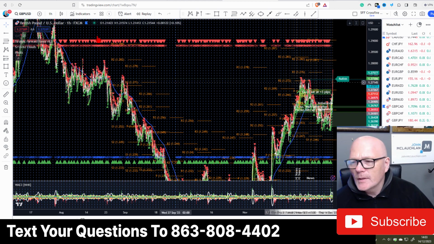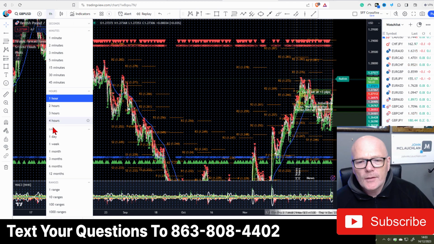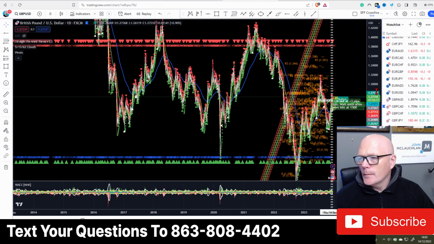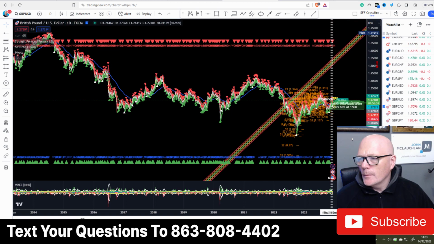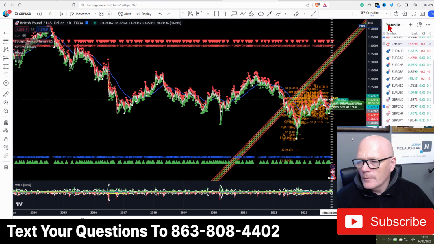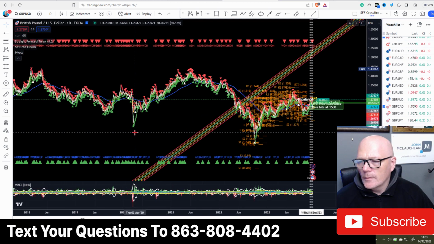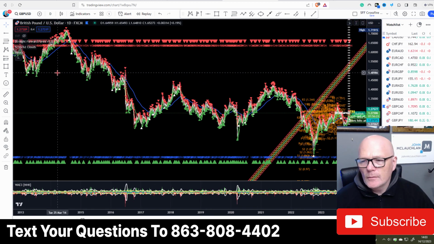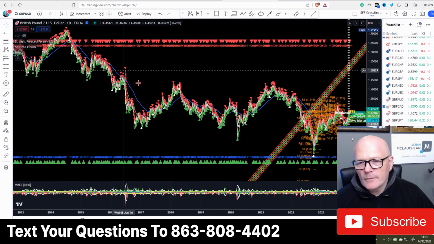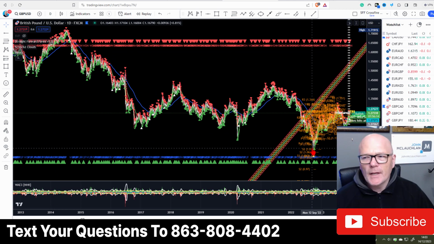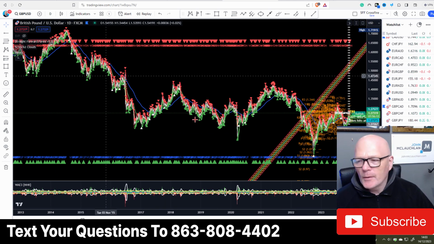We'll take it back to the daily. So on the daily time frame, we've got this downtrend. It went all the way down, a significant push down, on the pound US dollar.